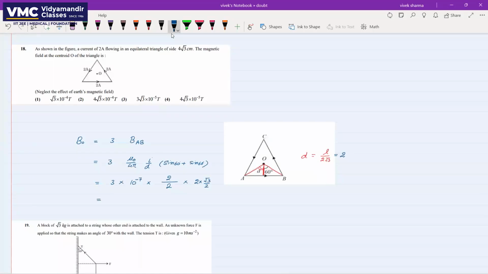So after solving, we will get 3 root 3 into 10 raised to the power minus 5. This distance is given in centimeters, so I need to convert it in SI unit. It is 2 into 10 to the power minus 2. So magnetic field will be 3 root 3 into 10 to the power minus 5 Tesla, and option 3 will be correct.